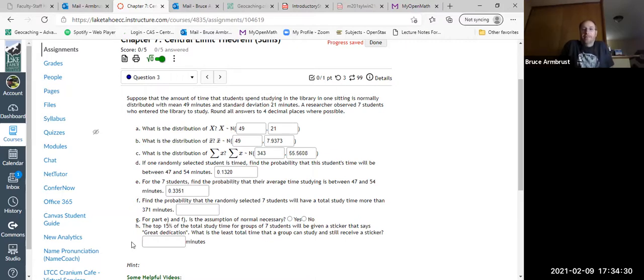All right, how awesome would that be? Get the little sticker that you can wear with pride. If you can't tell, I was being sarcastic. But let's see if we can answer this. We want to find out what is the least amount of total study time that a group can study and still receive a sticker, meaning that they were in the top 15%.